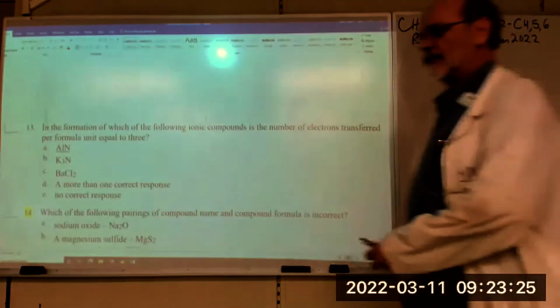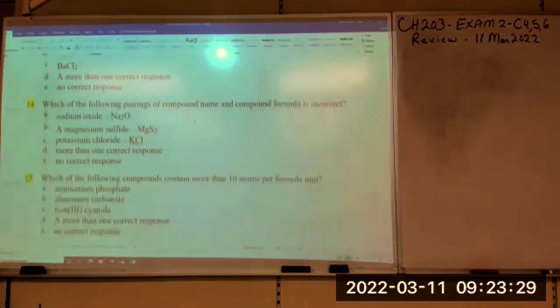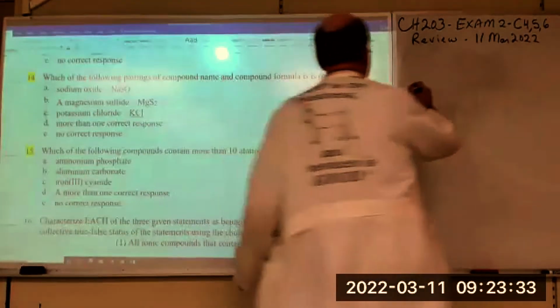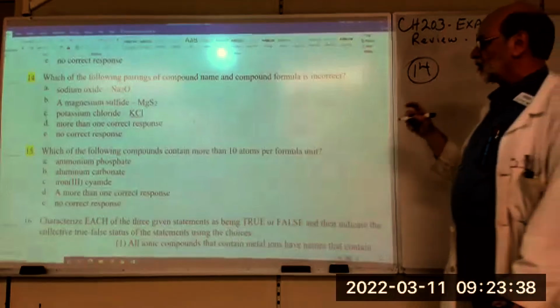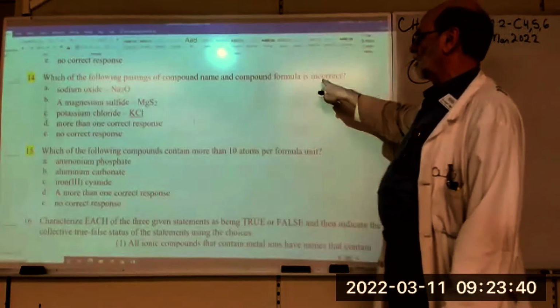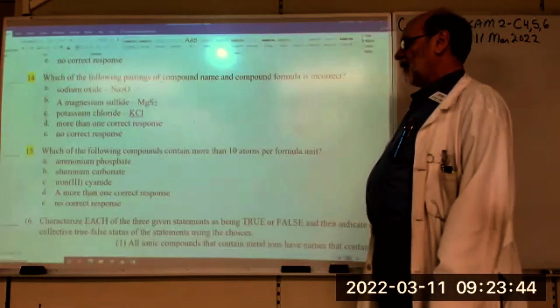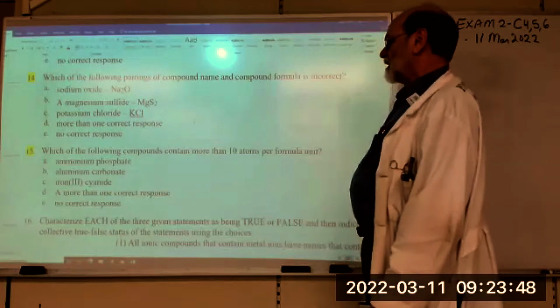Okay, scroll. There we go. 14. Which of the following pairings of compound name and compound formula is incorrect?